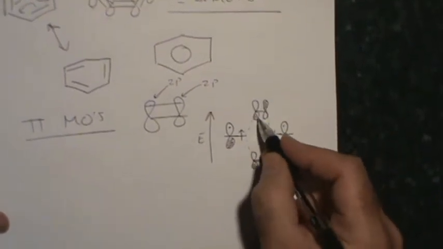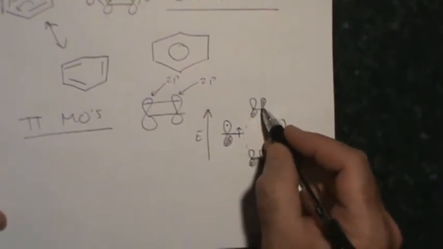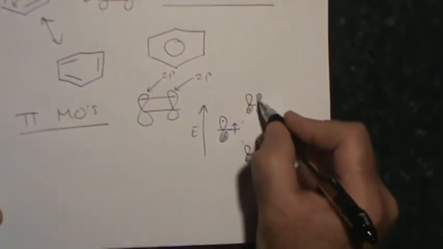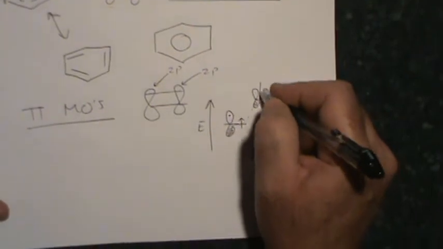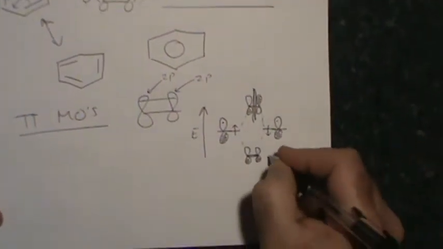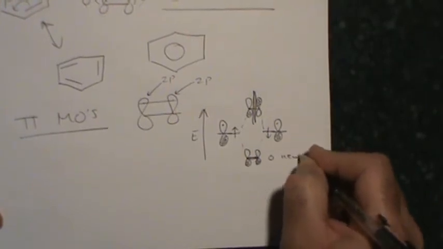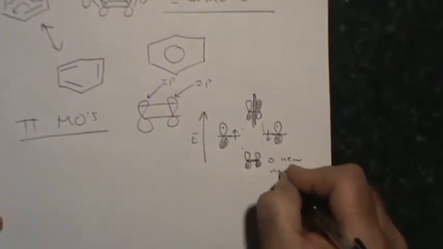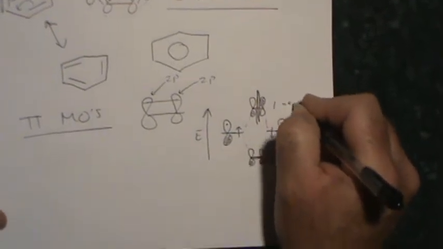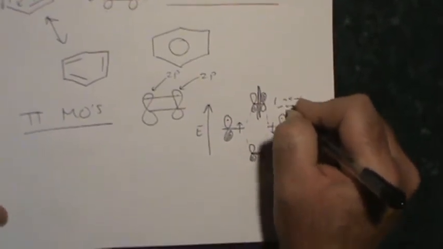And if I look across now, I see that this is actually a set of anti-bonding interactions between unshaded and shaded and unshaded. In other words, there's a node there. A new node has developed. So here we had 0 new nodes, and here we have 1 new node.